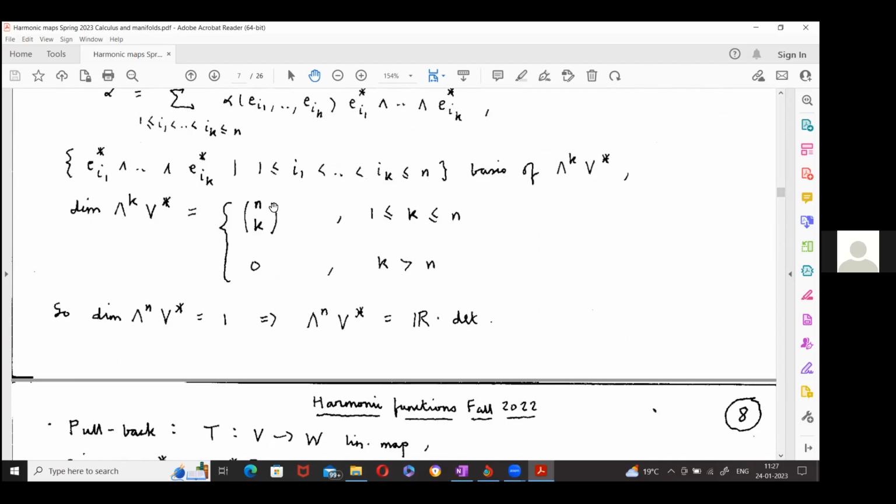So the dimension will be n choose k, if k is between 1 and n, and if k is bigger than n, then this will be 0. Is that all right? Any questions?